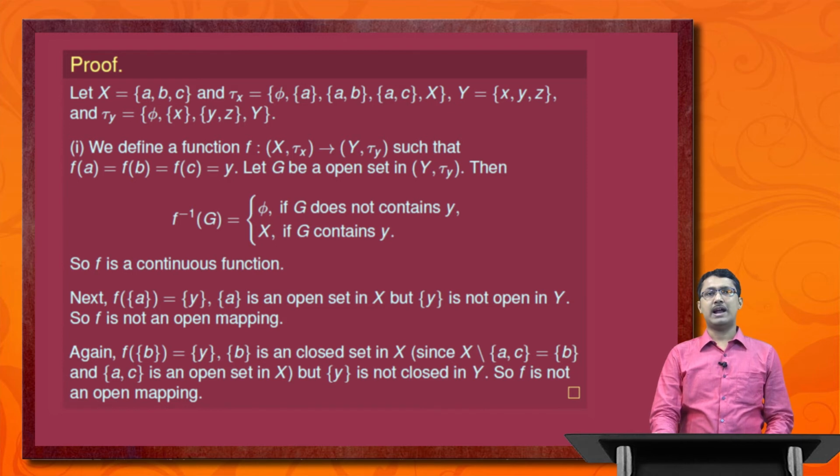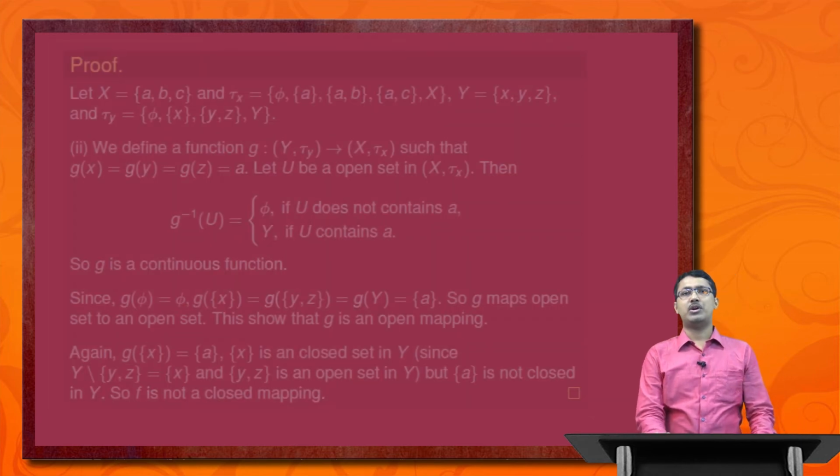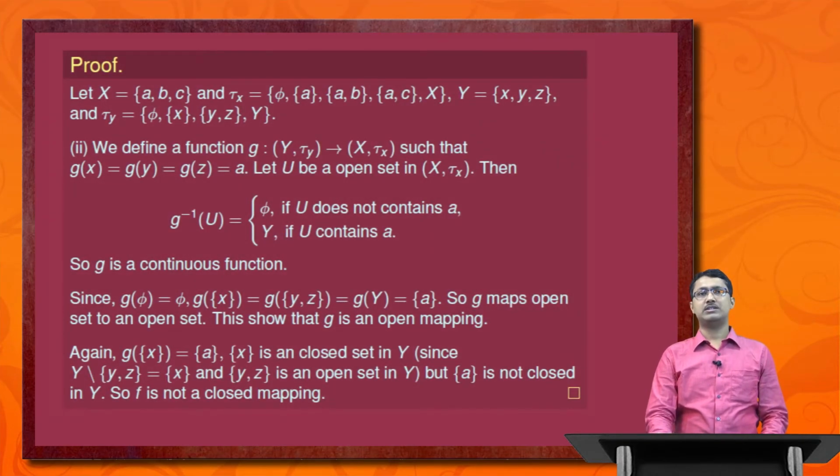Next we consider another example, G from Y to X such that G(x), G(y), G(z) all go to the element a. Let U be an open set in (X, tau X). Then G inverse of U is equal to phi if U does not contain a, and it is equal to Y if U contains a.